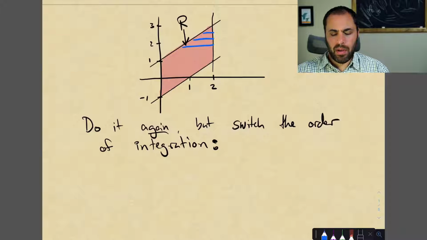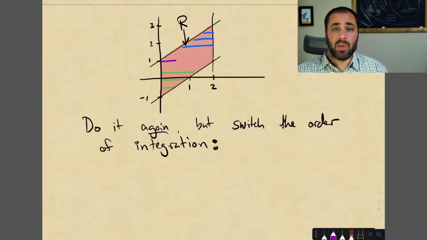Starting from the bottom, we can see that it's a little different. Specifically, these blue lines I've drawn, the left lower x bounds happen on the line y equals 1, and the right bounds happen on the line x equals 2.